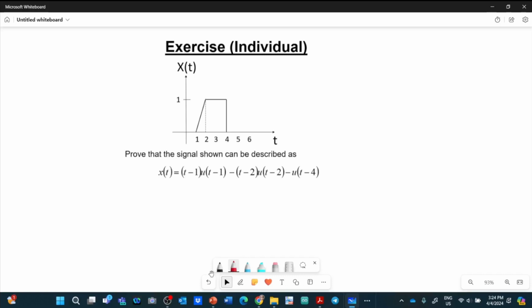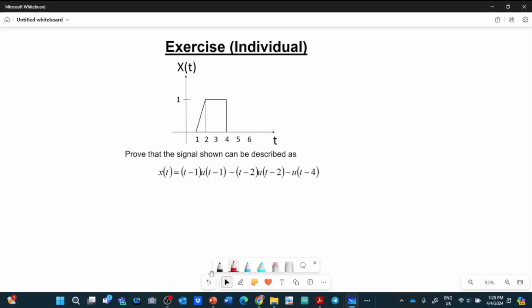Ada berapa? 1, angkat tangan. 2, angkat tangan. 3, angkat tangan. 3 signal step input. Tak tahu apa tadi ni? Ini macam apa? Berapa? 2 ke 3? 3.